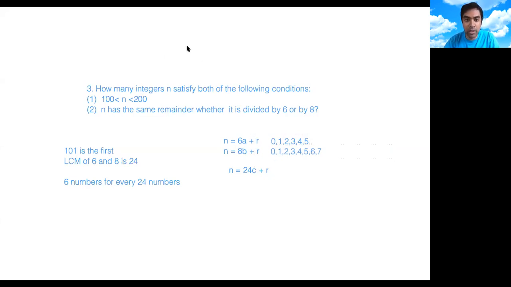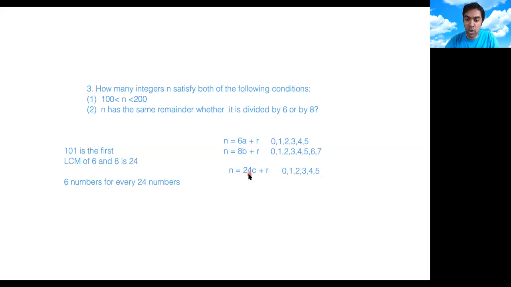So it actually has to be a number 0, 1, 2, 3, 4, or 5. So basically combining these, we know that it has to be a multiple of 24 plus either 0, 1, 2, 3, 4, or 5, and then it'll satisfy both of these. Because we know that it should be the same remainder added to a multiple of 6 and 8, which becomes a multiple of 24.